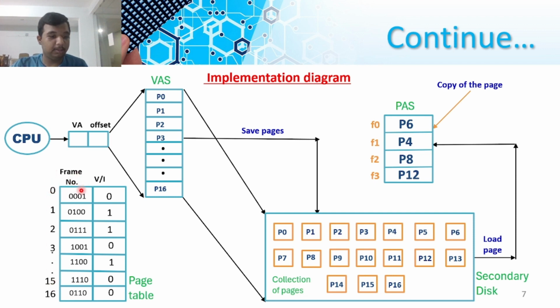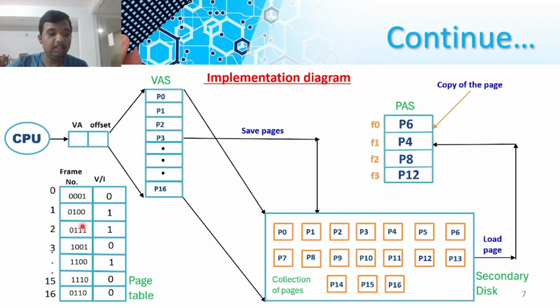It is 4 bits because the page number is 0 to 16 and the binary is 4 bits. And the V/I bit indicates whether the page is available or not available in the main memory. In the main memory, these pages are copies of the secondary memory pages.